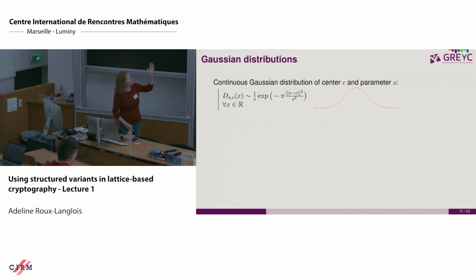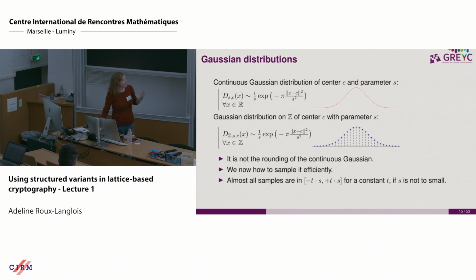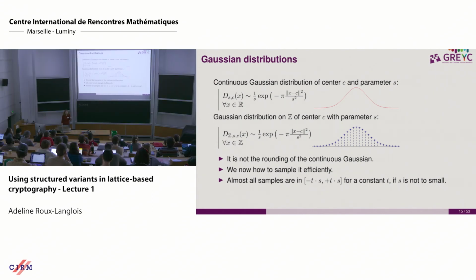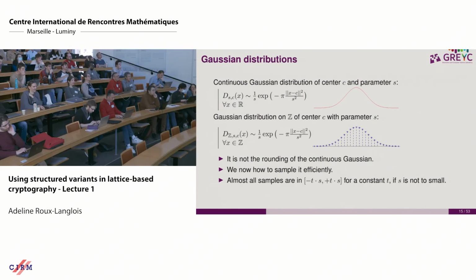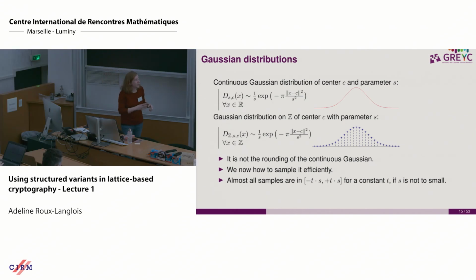So I think you all know the continuous Gaussian distributions. So I just recall my definitions. But what I need will be discrete ones, meaning that you have the same distribution, but you have a condition that all the x will be in Z, integers. It's not really the same as rounding your continuous Gaussian, it's a bit different, but it gives you elements from a Gaussian distribution which are integers.